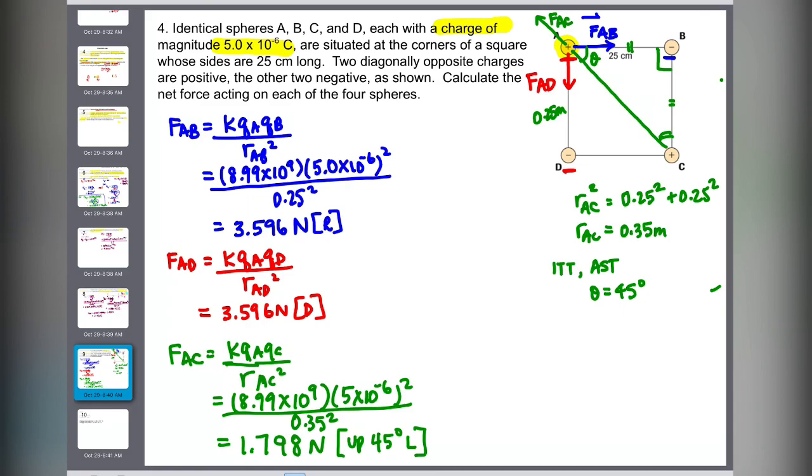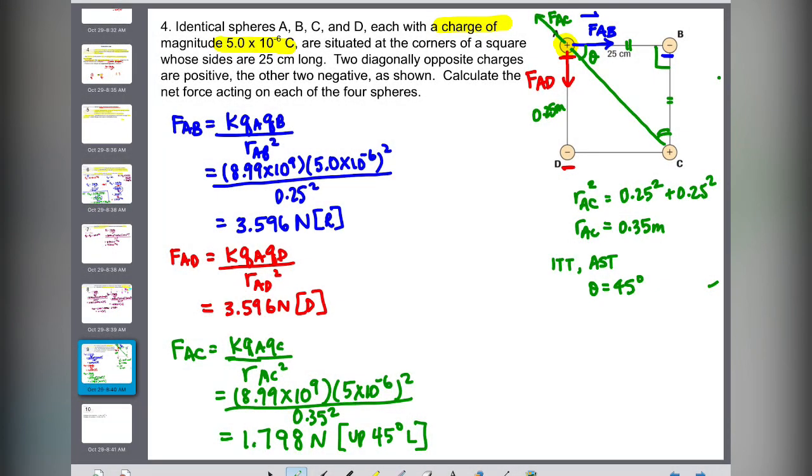Okay, so now that I've gotten that done, you can figure out the overall net force. Because there are three vectors here, right? There's the one that's going to the right, the one that's going downwards, and then the one that's going on an angle. Because there's more than one direction, I feel that it's easier if I do components. So I'm just going to quickly work out the components.